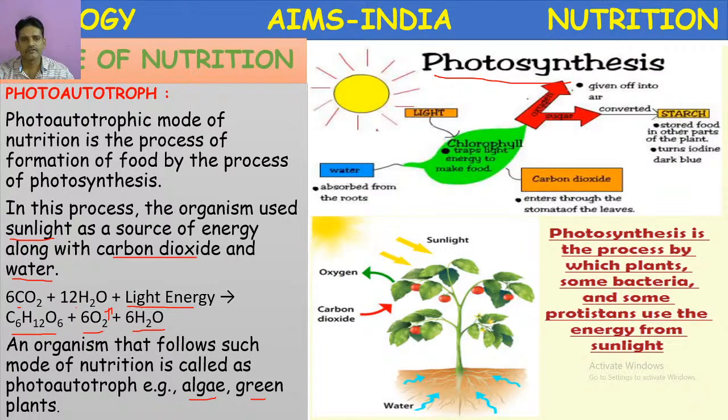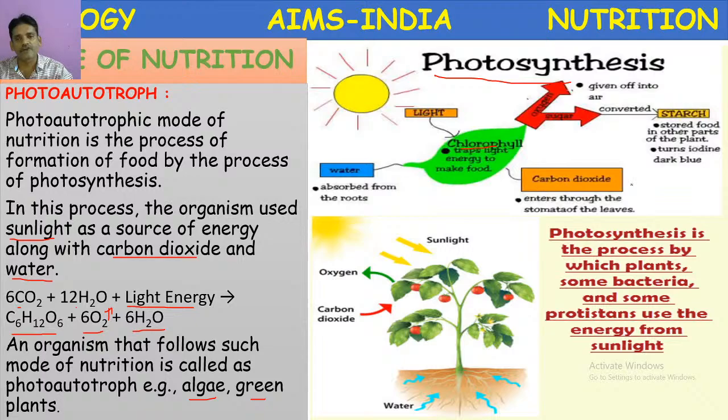So let us see photosynthesis in this picture. Here sunlight is the source of energy, and water is absorbed through the roots. The sunlight directly falls on the leaves, where chlorophyll, the green pigment, traps the sunlight energy.